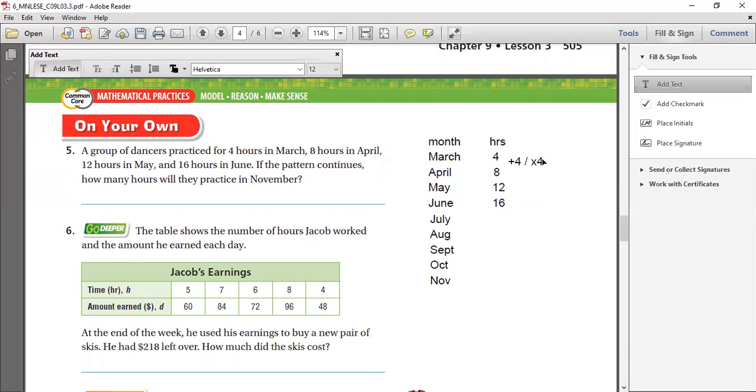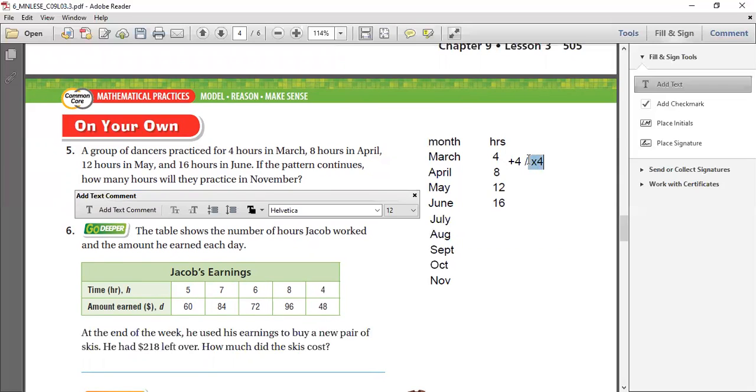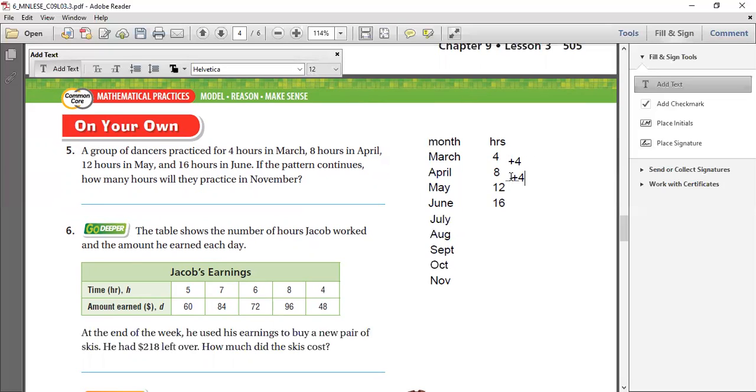Of course, plus 4. So the multiply by 4 has nothing to do with us. So we will delete it. So the rule for this is going to be plus 4. 8 plus 4 is 12, right? 12 plus 4 is 16.